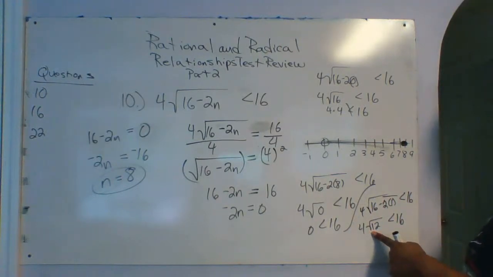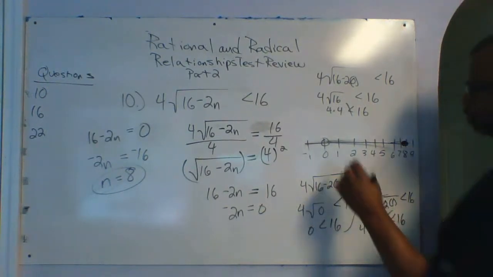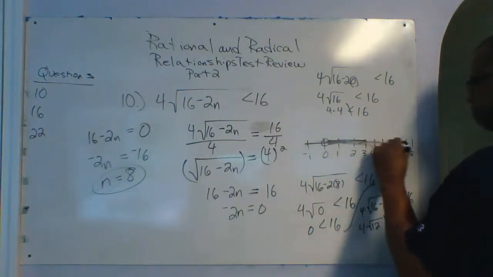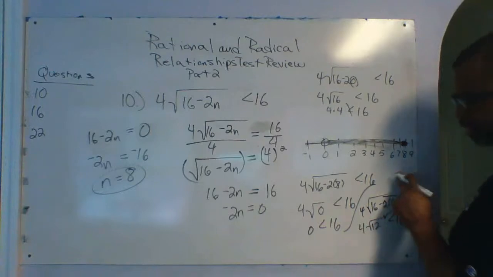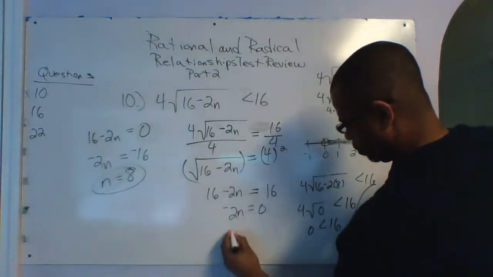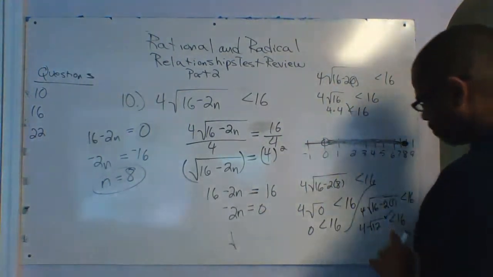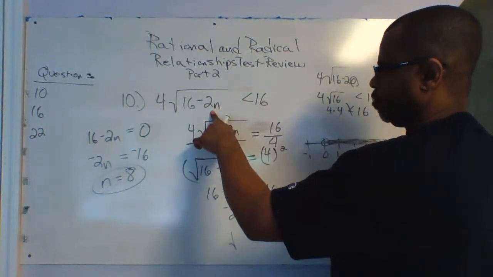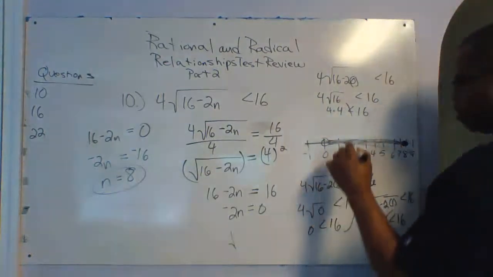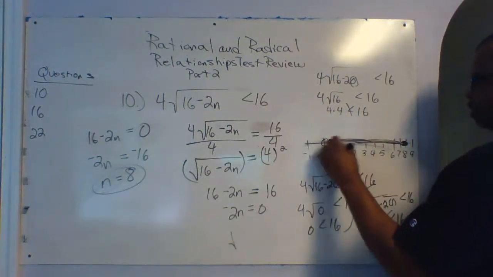So we know this is going to be true. So I shade in here. Now I got to plug in 9. If I plug 9 into this equation, that's going to give me -18, which is going to be imaginary. So all my answers have to come in between here.